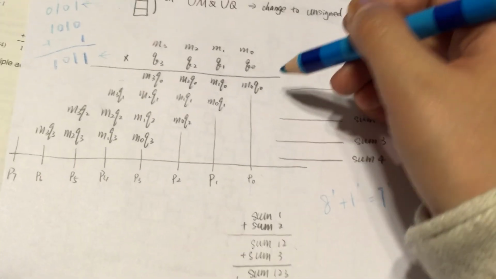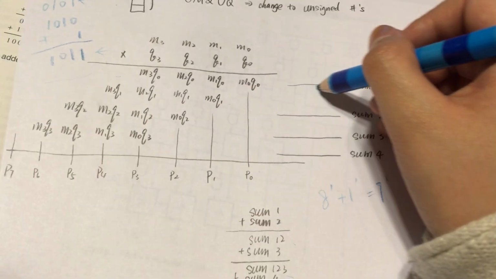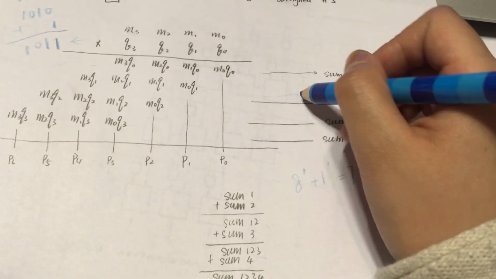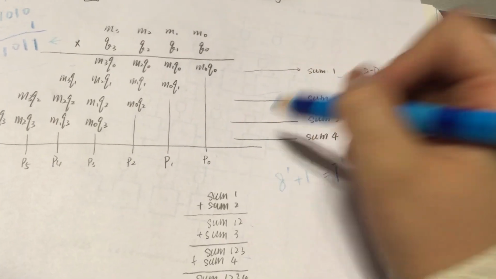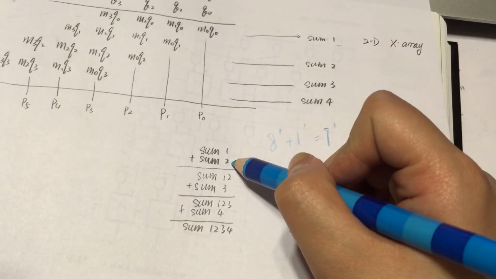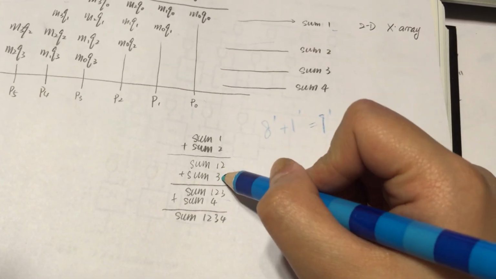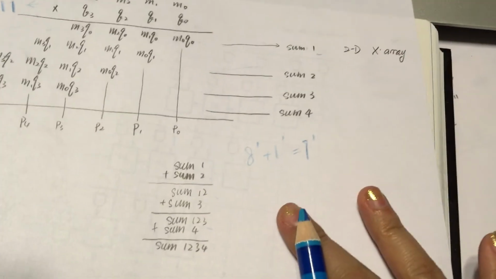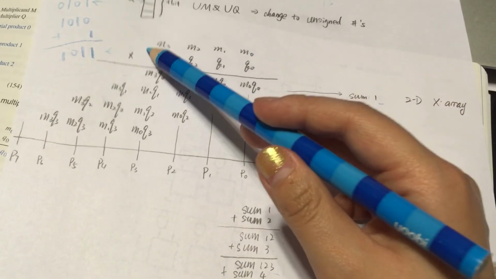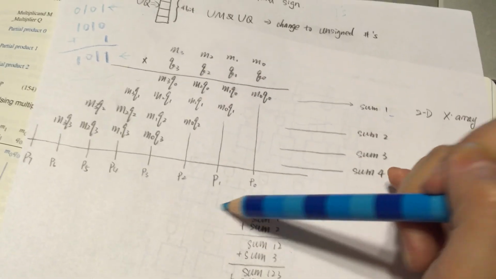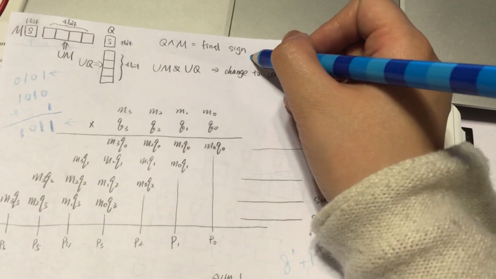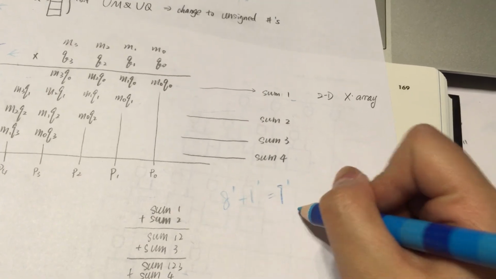We sum this row and combine it with this row, and then combine with the next row. Like we write down here, sum 1 plus sum 2, then plus sum 3, then plus sum 4. This will be our final result. 4-bit times 4-bit gives an 8-bit output, plus 1 bit for the final sign bit. This will be 9 bits in total.